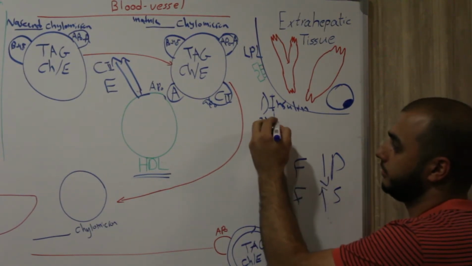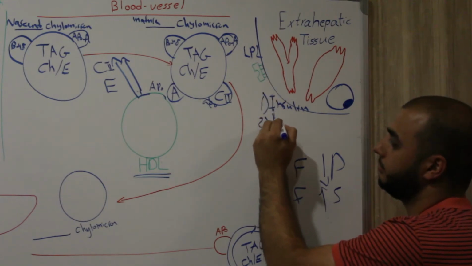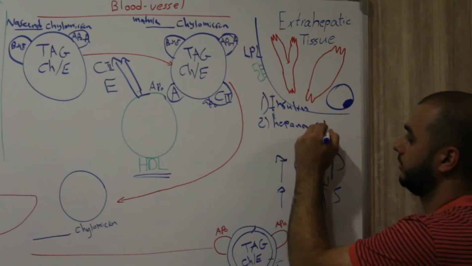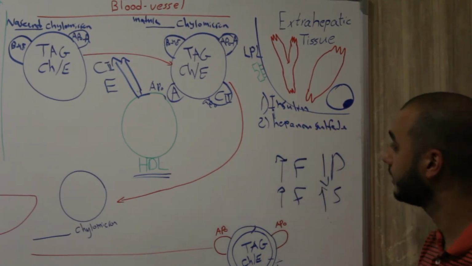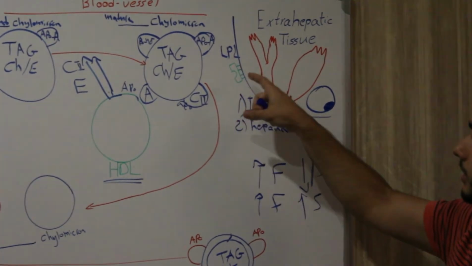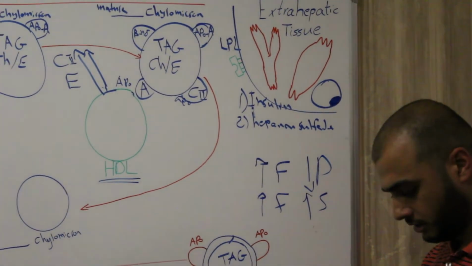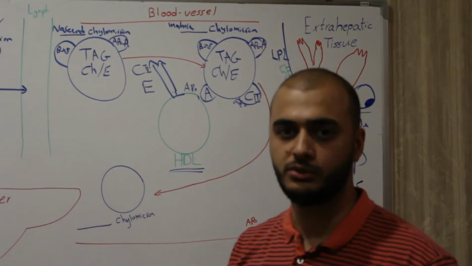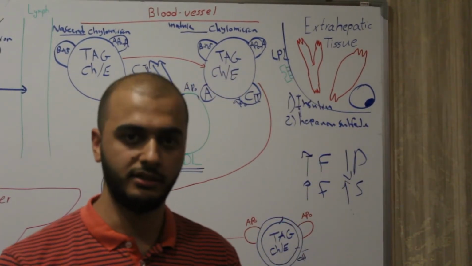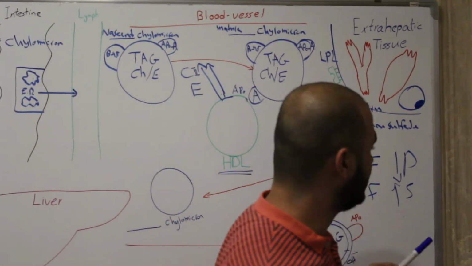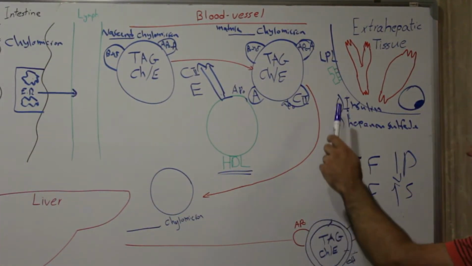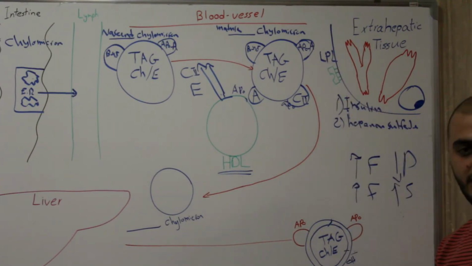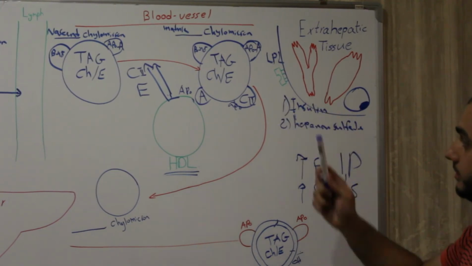Secondly, this enzyme is suspended by heparan sulfate on the capillary wall. In the past they were using heparin to treat hypertriacylglyceridemia, because heparin releases this enzyme from the capillary and activates it.